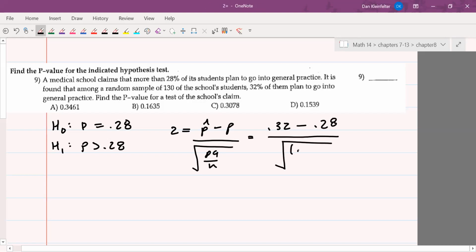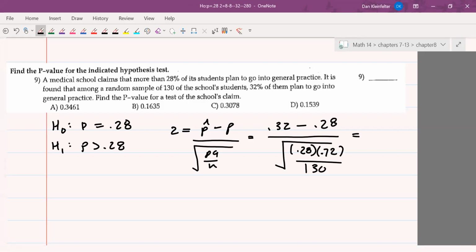Filling out the details, it's starting to look like that. Let's see what we get for our Z. That looks like 1.02.